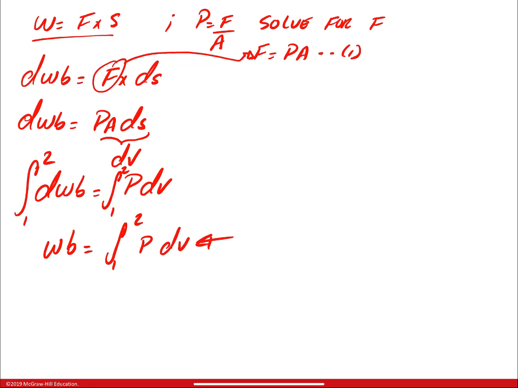And this is called boundary work. That's what is used when we have a piston and cylinder undergoing expansion or compression depending on the case.